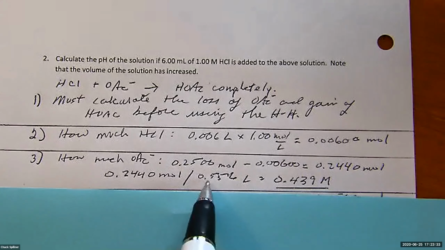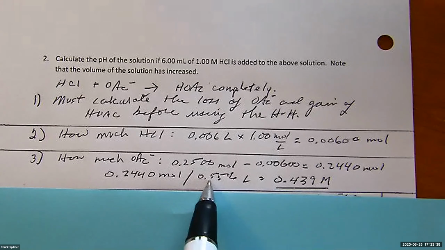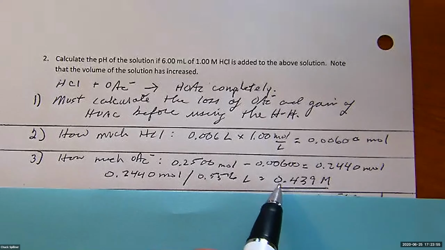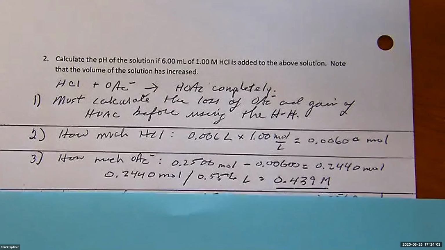We can divide that by our new volume, which is 550 mL plus 6, so we have 556 mL of solution now. But that must be converted from milliliters to liters, and we'll calculate the new molarity of the acetate anion. Turns out to be 0.439 molar. So now we have our acetate anion concentration.